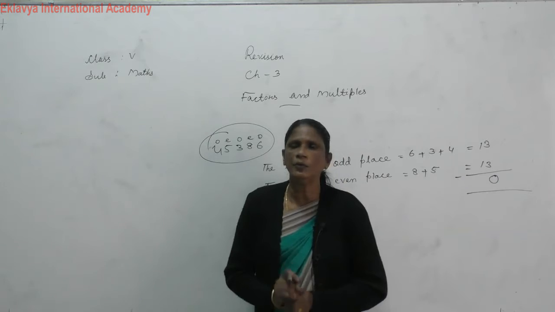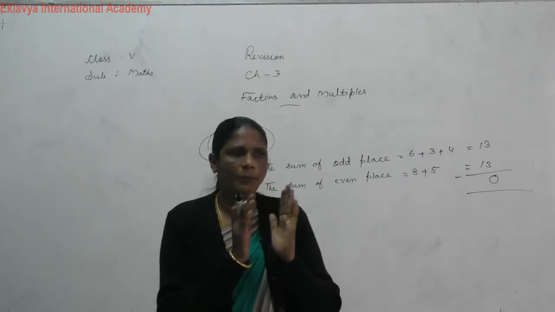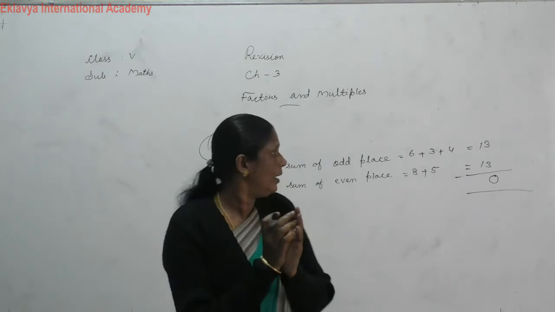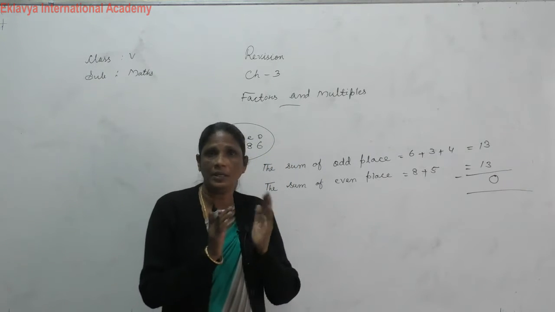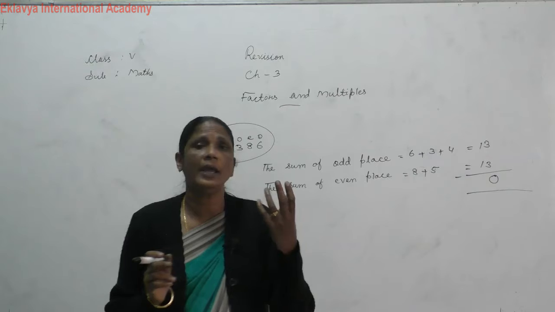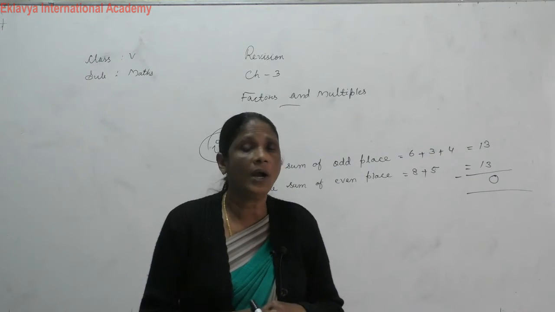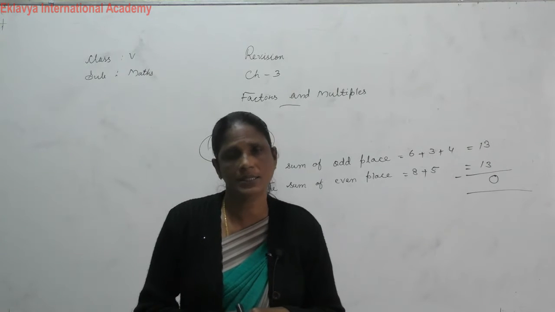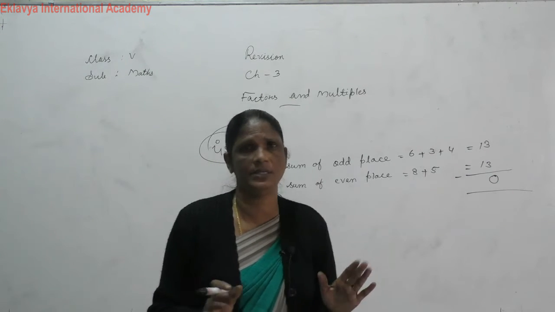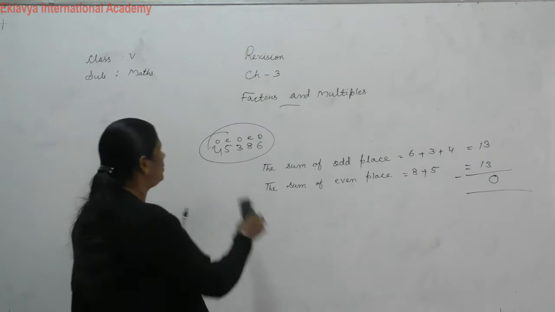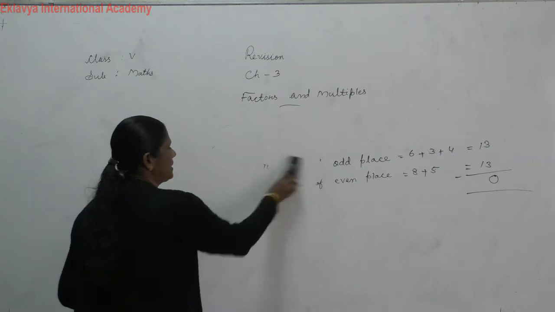Understand? Now we study prime numbers. A prime number is a number that has two factors, that is, 1 and the number itself. Only two factors. What are the prime numbers you learned? 2, 3, 5, 7.